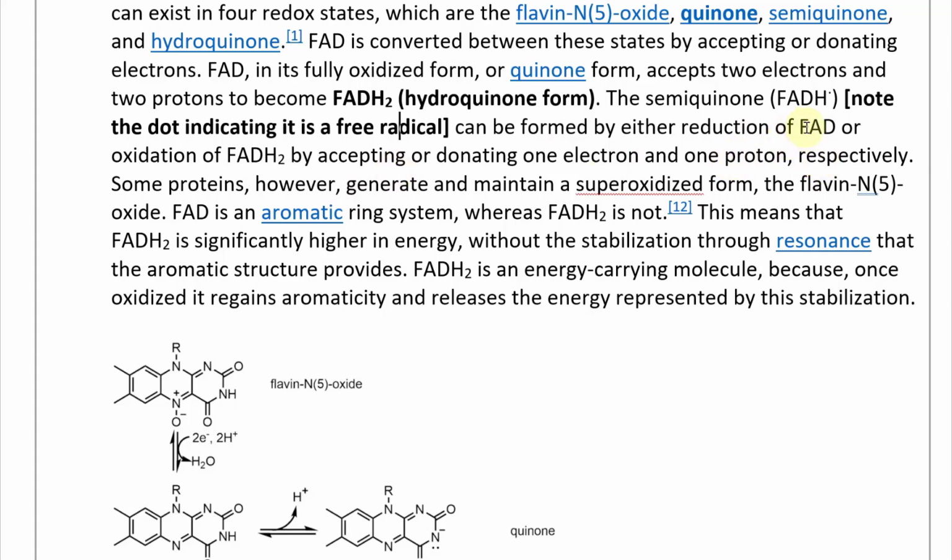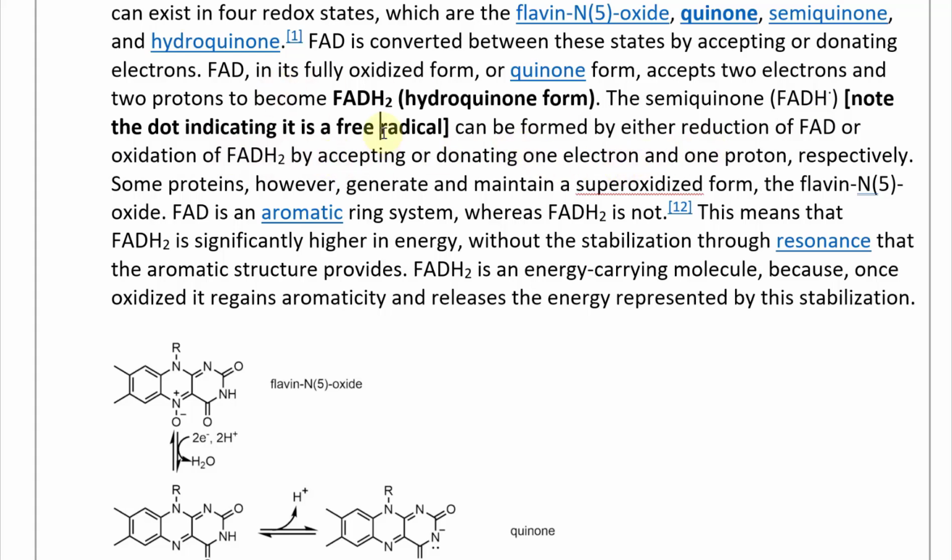So to reduce this one, you accept the electron. And then to oxidize this one, you have to donate an electron. The reduction of FAD requires accepting, and then oxidation of FADH2 requires donating.